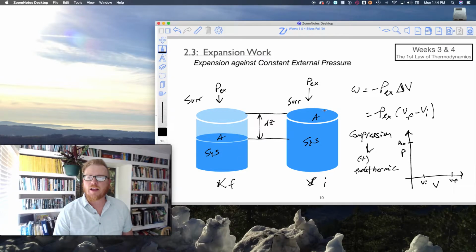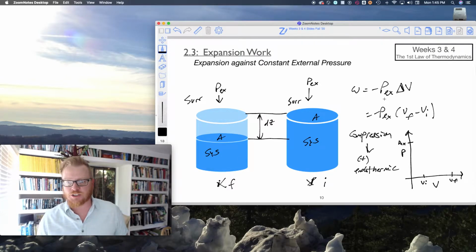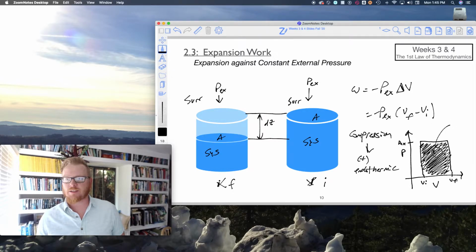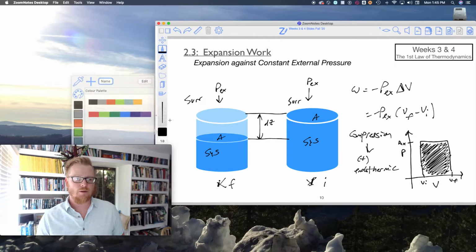All right, and if you look at the product of this, it's just pressure times volume. So on the scale, when I have pressure times volume, it makes a rather simple looking graph. It's just this box, okay? And the area under this curve, this box, represents, oops, let me draw a different color.